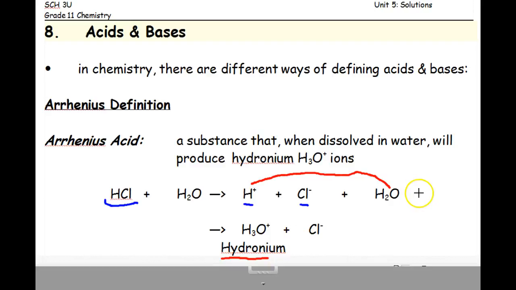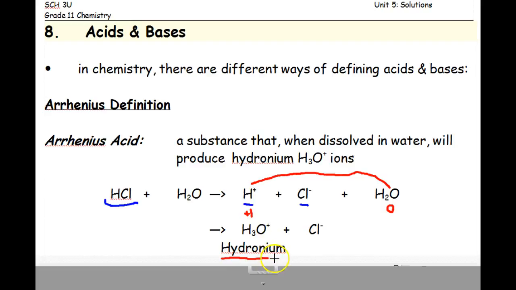Let's look at the charges here. A water molecule has no charge written over here, so it's neutral, with a 0 charge overall. And this hydrogen ion has a +1 charge. If I take a particle that has a +1 charge and add it to a particle that has a neutral charge, then the overall charge on the new particle will be +1.